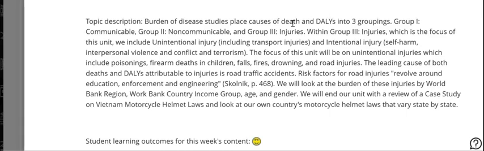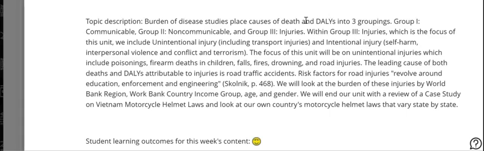So we know we can do something about educating others, enforcing laws and regulations, along with engineering, especially the safety of our throughways and roadways. So we're going to look at the burden of these injuries by the World Bank region, the World Bank country income group, age, and gender. And our textbook does a wonderful job with this.